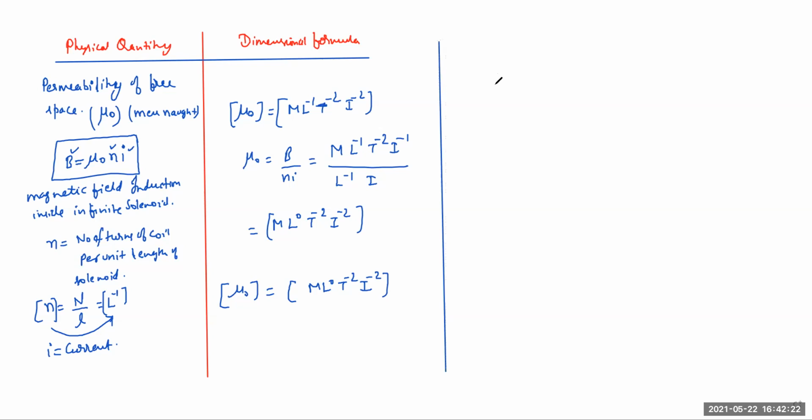Can someone tell me the dimension of this, or tell me the dimension of this value, because now you know both, so you will have some answer to this. Sir, it is under root. Yeah, under root, correct.